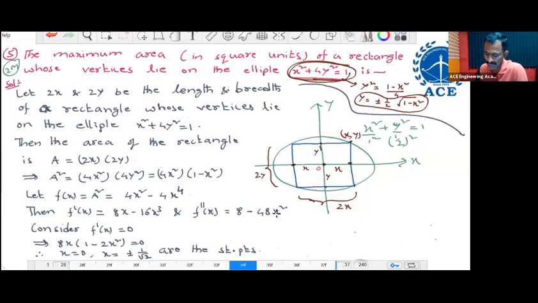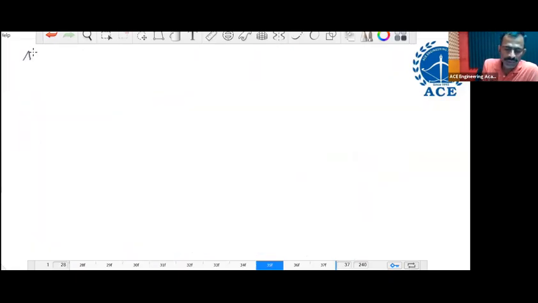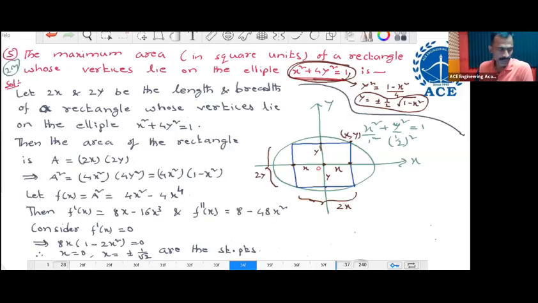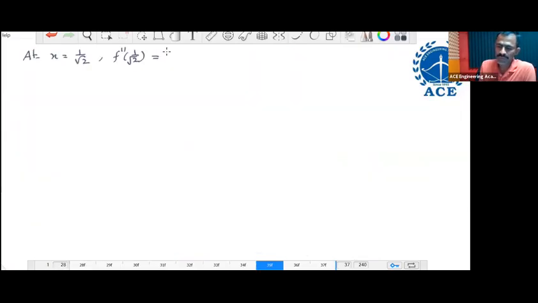Directly we can add the maximum value also. Or we can do this. At x equal to plus 1 by root 2, f double dash of 1 by root 2 equal to, the function is, what is the function here? 8 minus 48 x square. 8 minus 48 into 1 by root 2 square. 8 minus 24.